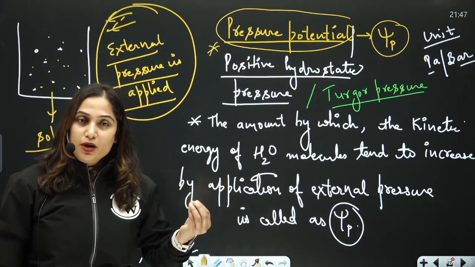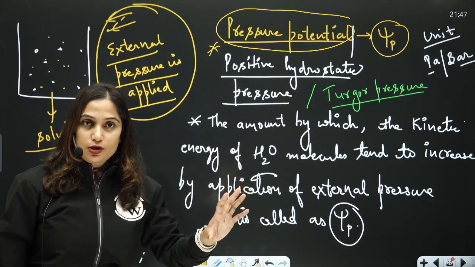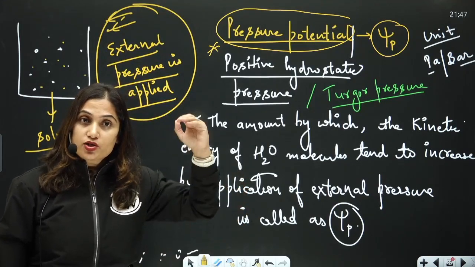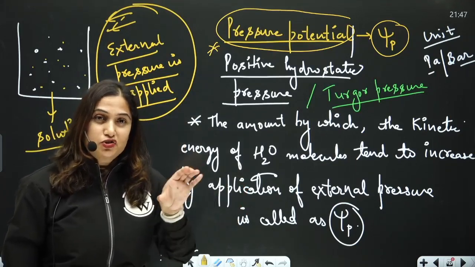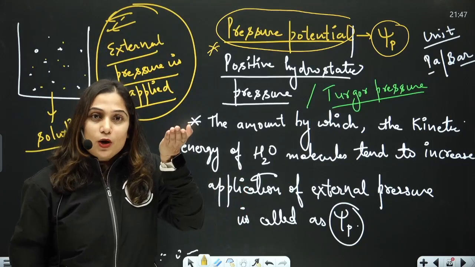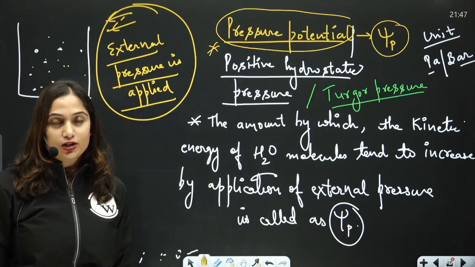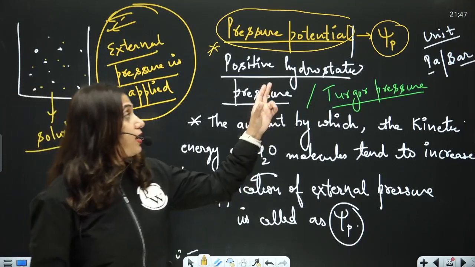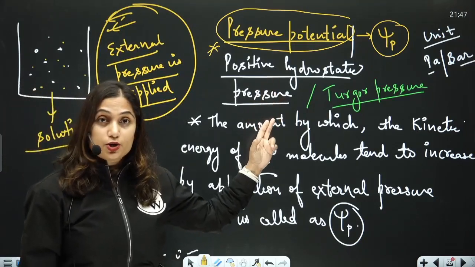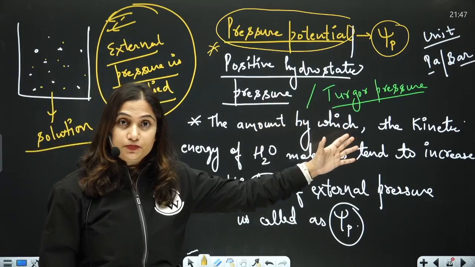So when I apply the external pressure to the solution, the amount by which the external pressure tries to increase the water potential is called pressure potential. Right? Sometimes this is also called positive hydrostatic pressure or turgor pressure.